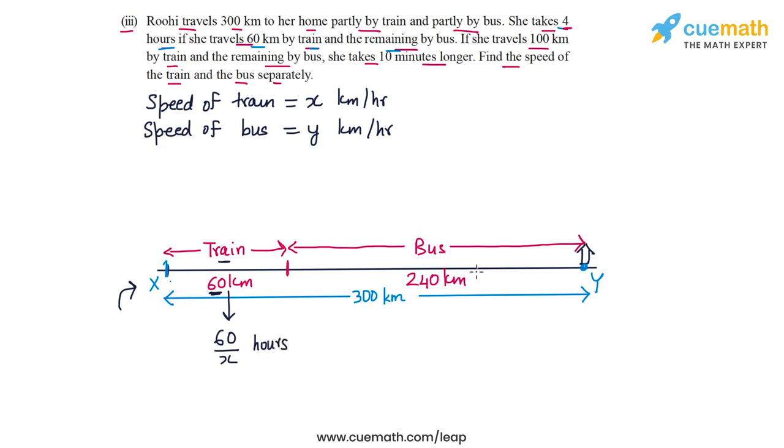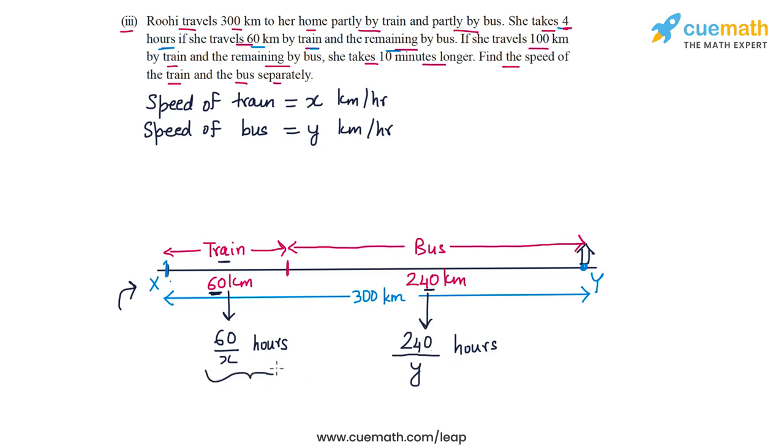And then this second leg, which is by bus, which she covers at y kilometers per hour, how much time will she take? She will take the total distance 240 divided by the speed, which is y. So she will take 240 by y hours to complete this second leg of the journey.